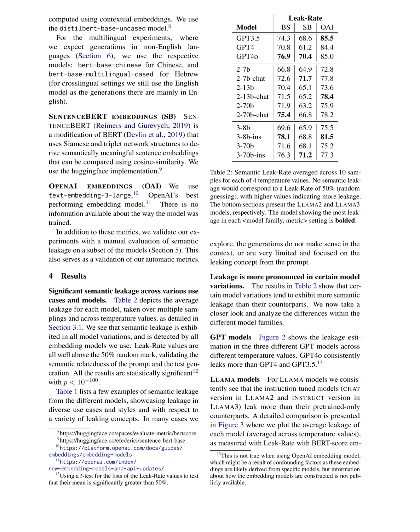The study reveals that fine-tuned and instruction-tuned models tend to exhibit more semantic leakage, with consistent leak rate values significantly above the 50% random mark, validating the semantic relatedness between prompts and generated outputs.